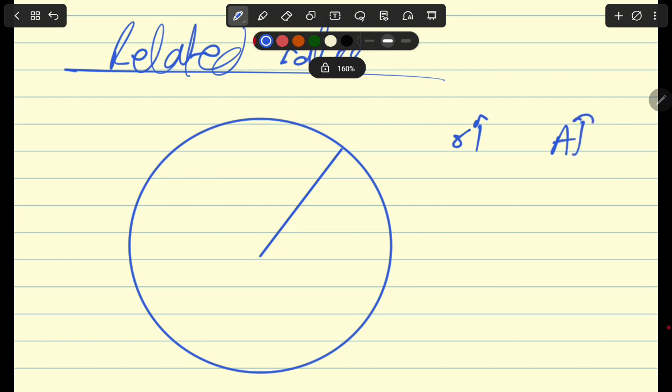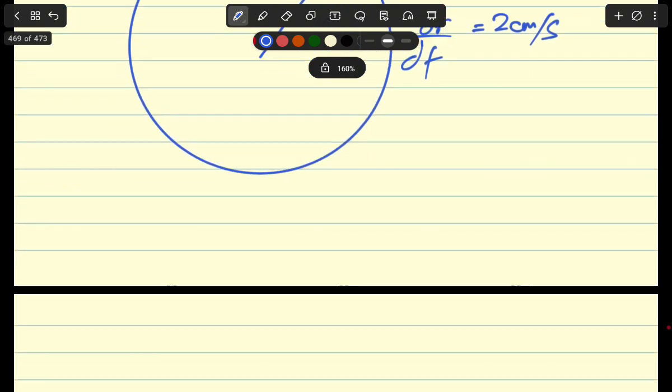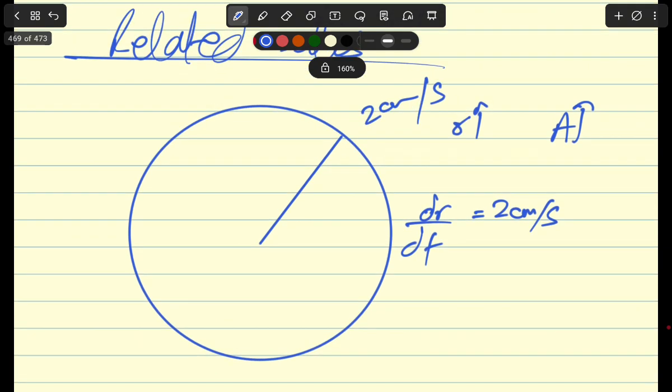Now suppose the radius is increasing, which means that the radius is changing with respect to time at 2 centimeter per second. Every second the radius increases by 2 centimeter, right? Now find the rate of increase of area when r is equal to 5. So at a particular r, which is 5, find out the increase in the area, right?